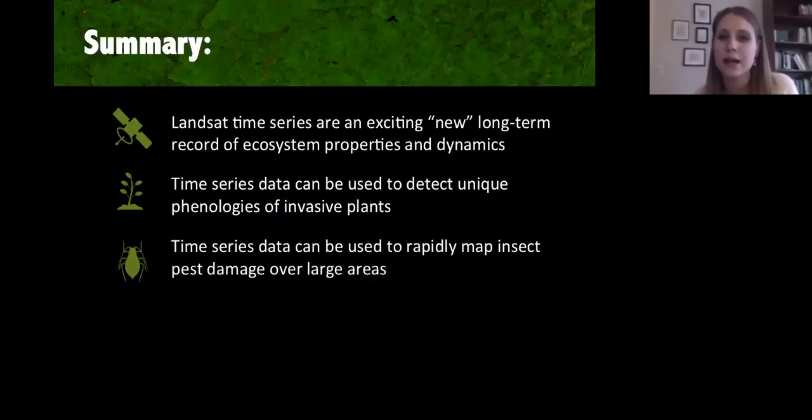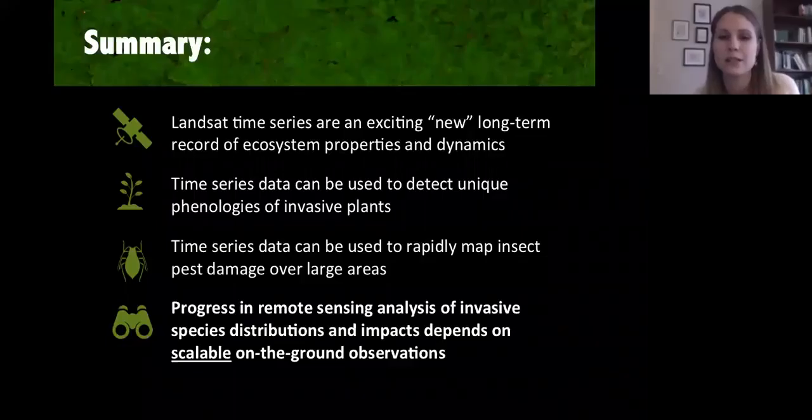Time series data can also be used to rapidly map insect pest damage over large areas. So as I showed, we were able to look at the 2016 gypsy moth outbreak here in southern New England in close to near real time, providing assessments of condition as images came in, as well as in retrospect across an entire season.